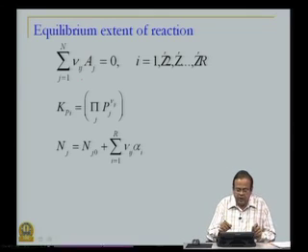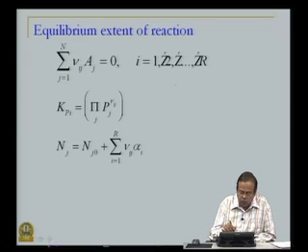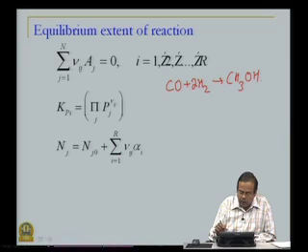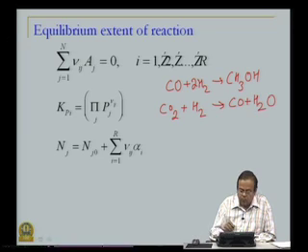So, let us take an example. Let us say that CO plus 2H2 gives rise to methanol. That was one of the reactions, and we also had another reaction, with H2O.